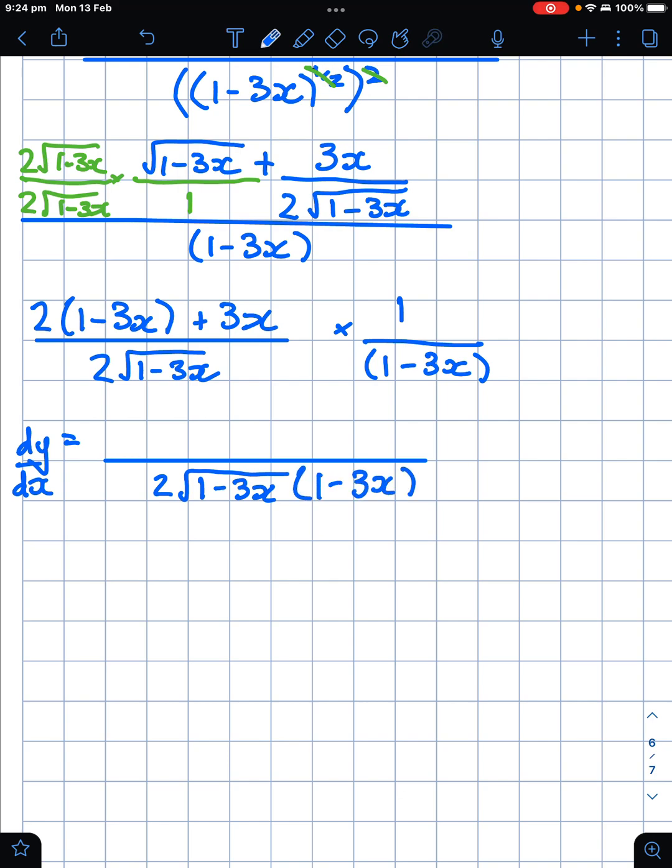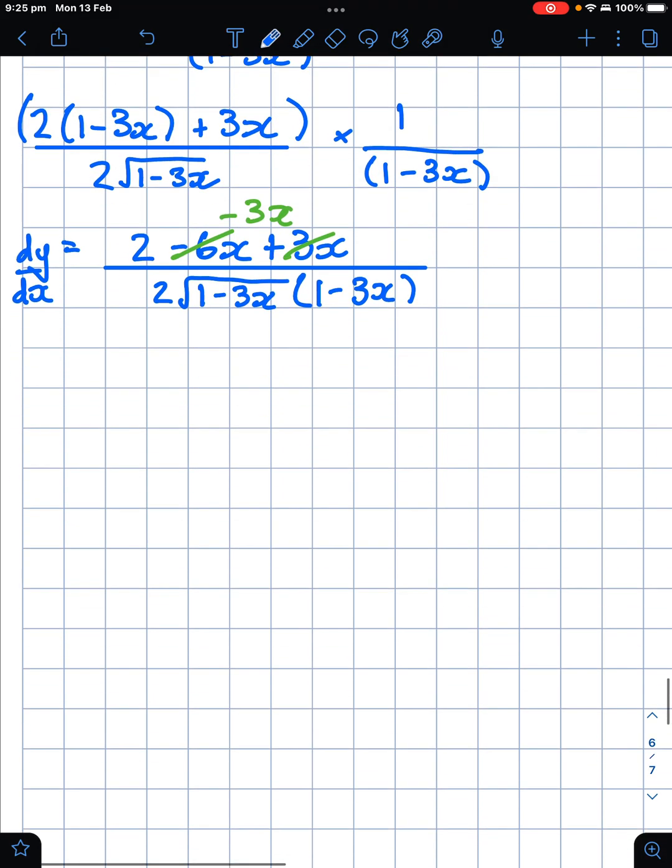On the top here, 2 times 1 is going to give me 2, 2 times negative 3x is going to give me negative 6x, plus 3x. And this would all be times by 1, which I'll put a bracket there so it's proper notation. Now, negative 6x and 3x is going to give me negative 3x. So I've got 2 take away 3x on the top.